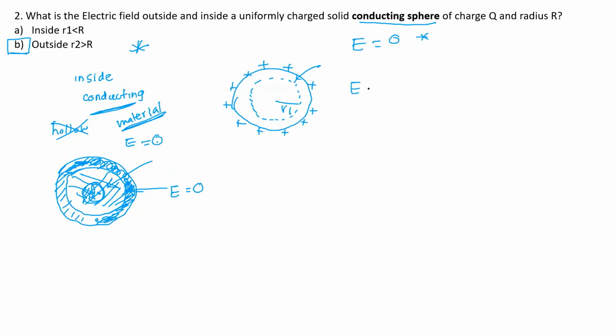E times A, so this is Gauss's law. E is the electric field inside, A is the area of your Gaussian surface, very similar to the previous case. And Q inside is zero. Why? All the charges are on the surface. Divided by epsilon naught. So your E is zero, right?